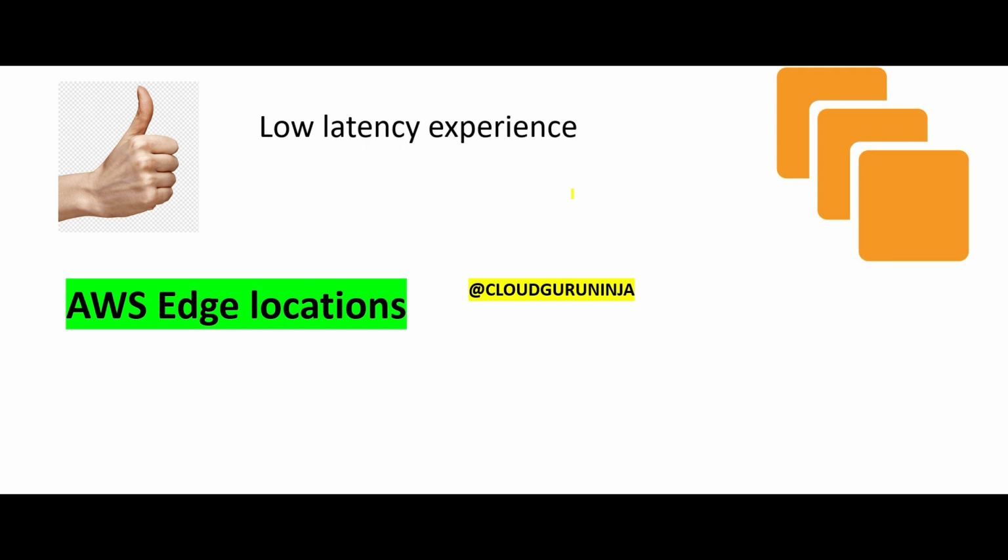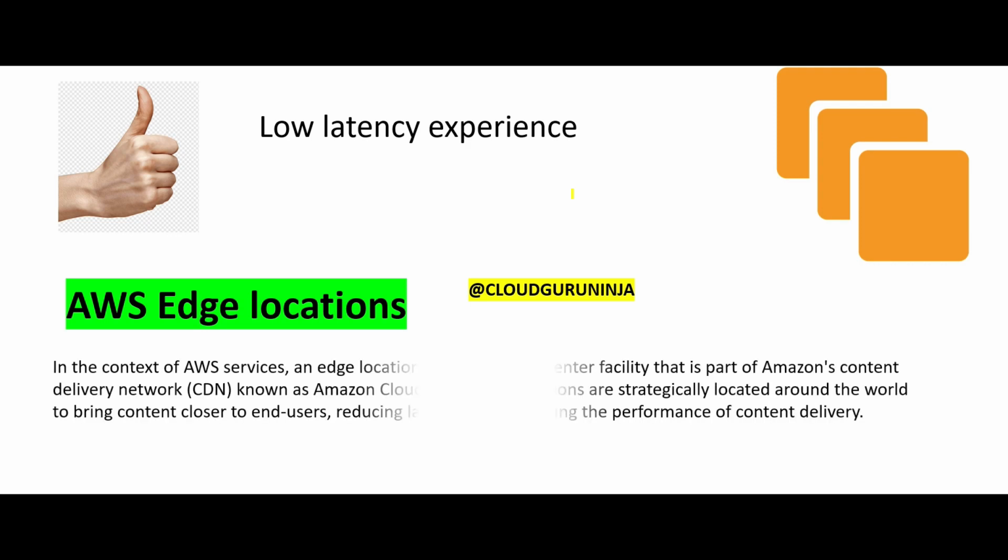It is very good for websites like YouTube and similar video sites, which are based on a lot of similar technologies. Edge locations refer to data center facilities that are a part of Amazon's content delivery network. So CDN is very important. Always remember, edge locations are used in conjunction with CloudFront.